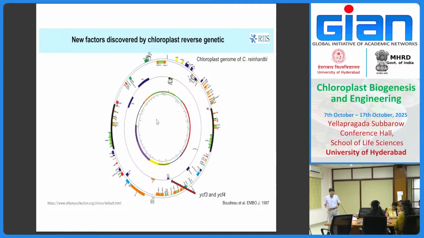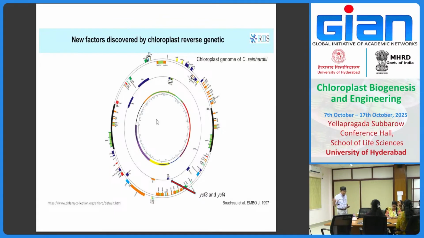Okay, so I talked yesterday that this assembly factor had not been found before because probably the strategy to identify the assembly factor is you isolate, for example, the mutant deficient in PS1.